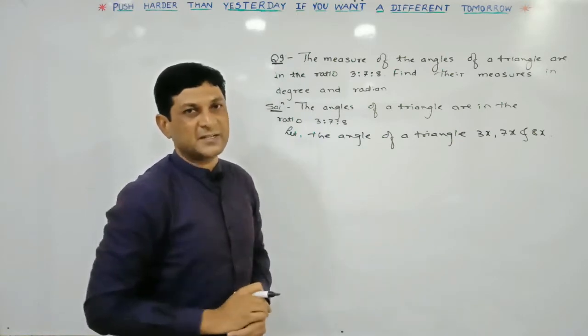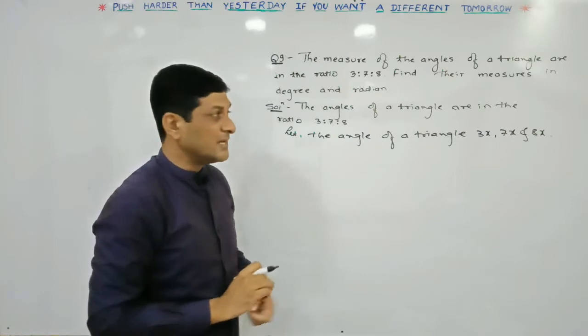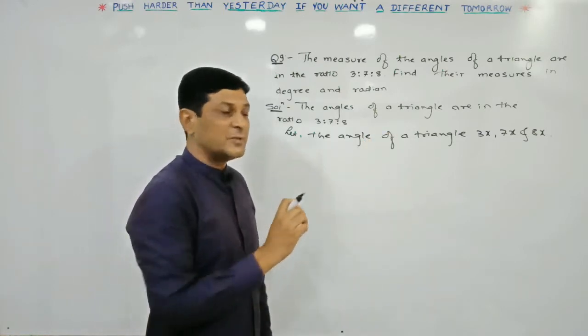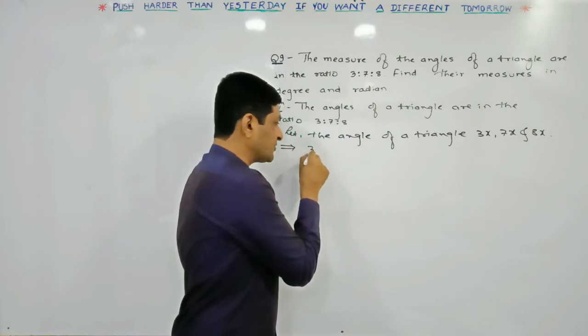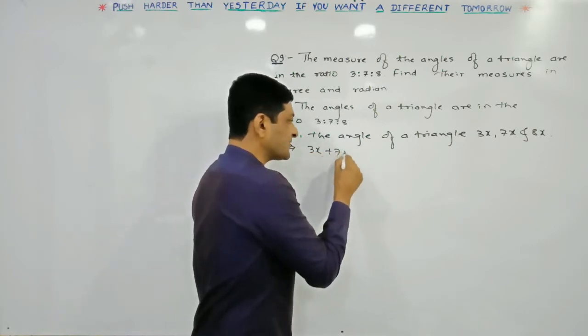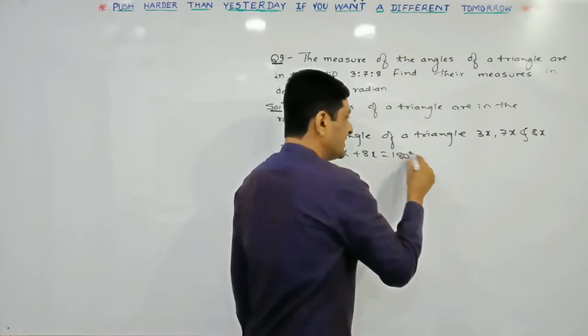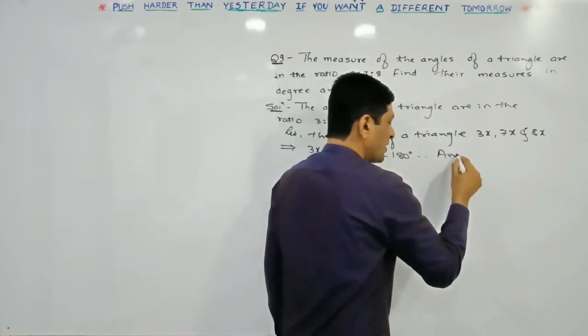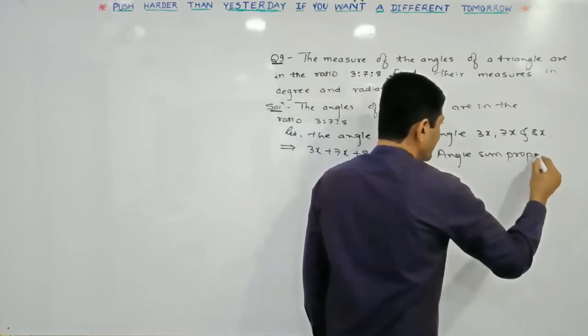Means here the common factor which got cancelled, we have denoted it by x. Since these are the angles of a triangle, we can say that their sum will be equal to 180 degrees. Means 3x plus 7x plus 8x will be equal to what? 180 degrees. This is nothing but the angle sum property of a triangle.